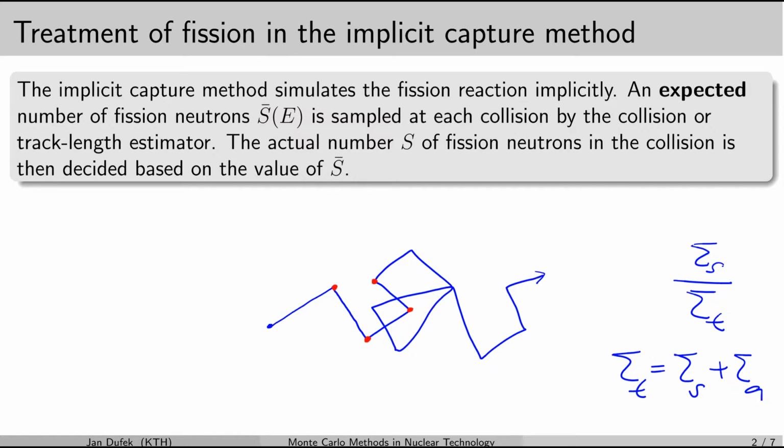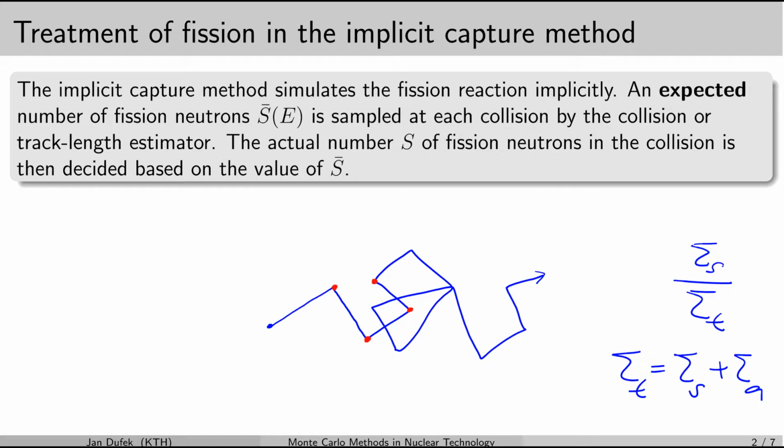So you can imagine, if this number, the expected number of neutrons, is very small, very close to zero, there is a very little chance that we will eventually decide to start a new fission neutron at that point.